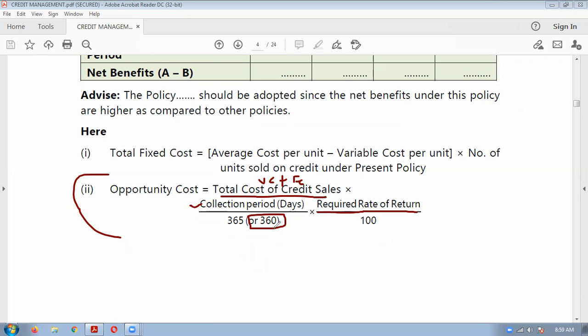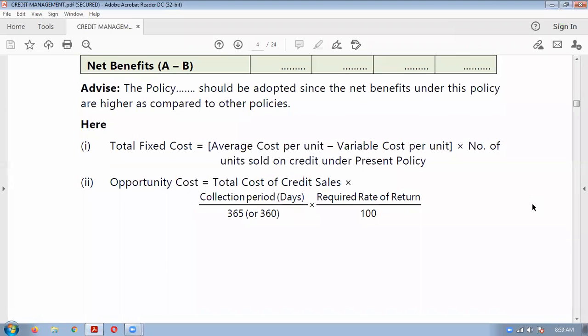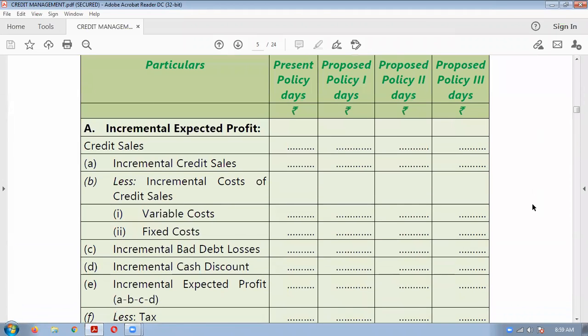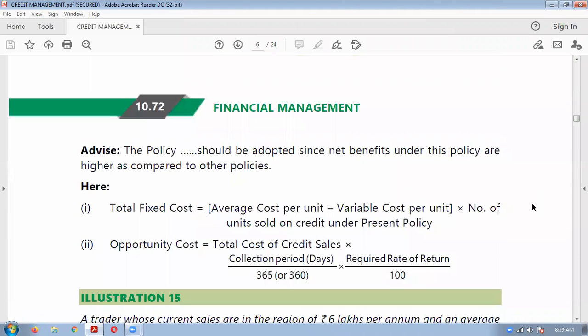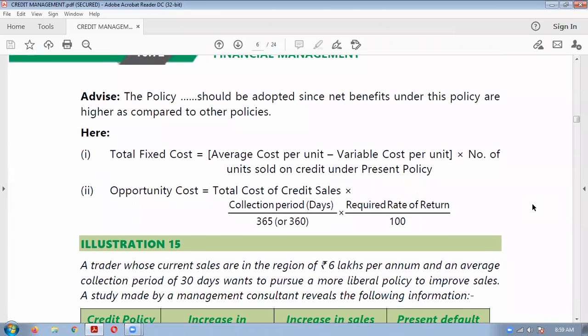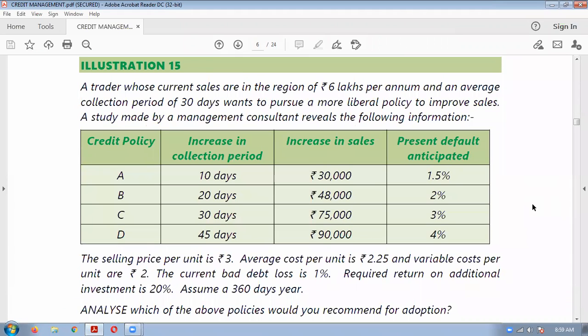If the question is silent, then you should use 365 only. Into the required rate of return, which will also be given in the question. So everybody have noted down these two formulas, then we can go to the illustration. Is everybody comfortable with this much?